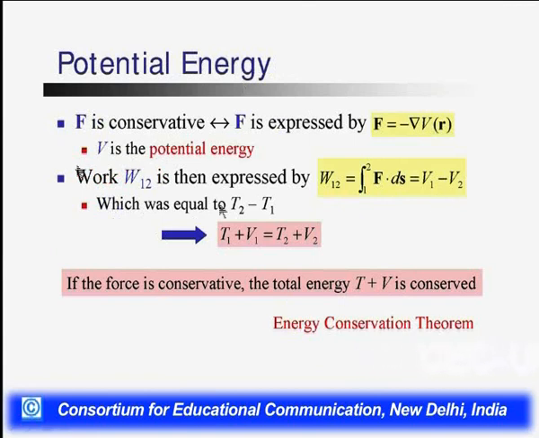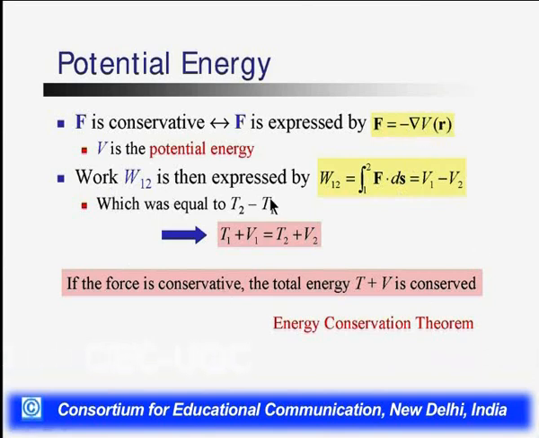Potential energy. What are the potential energy terms? If F is conservative, then F is expressed by F equal to minus del V(r). V is the potential energy, defined with respect to the position r of the particle, and we take the gradient of that.